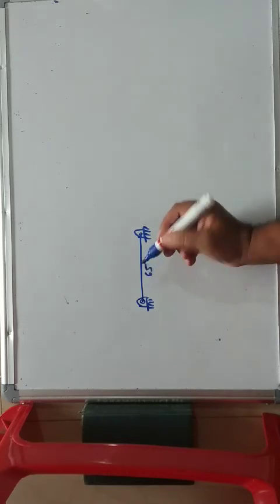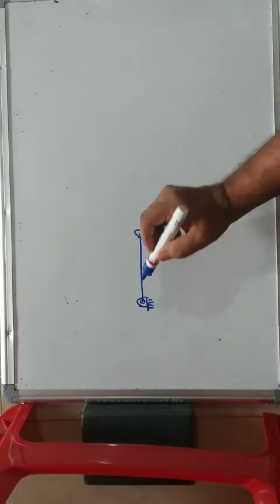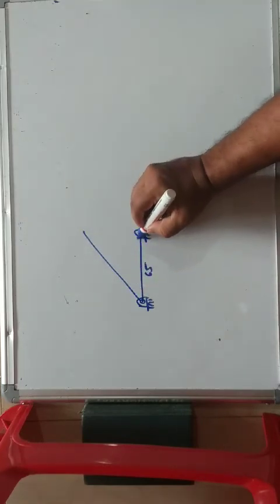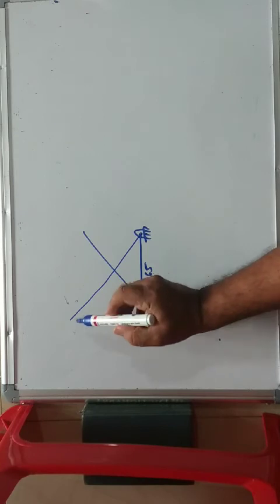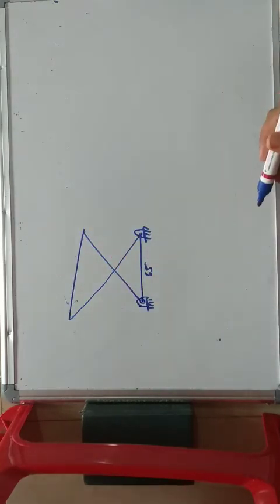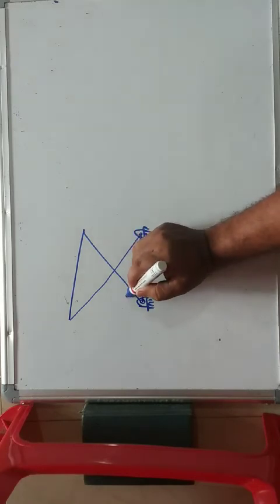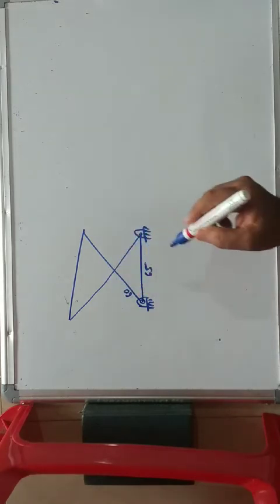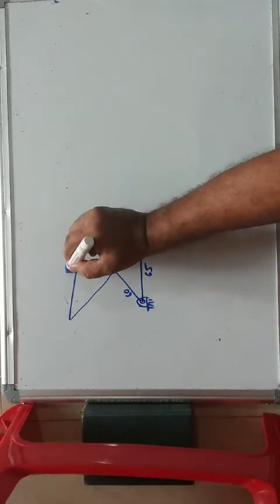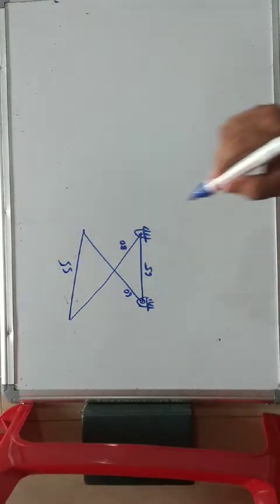All the dimensions are in millimeters. Here one link is going like this, another link is going like this, and this is joined like this. This length is 60 millimeters, this length is 80 millimeters, and here it is 55 millimeters.